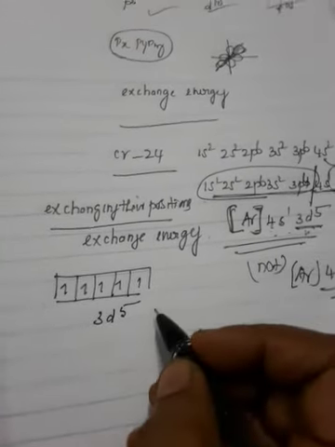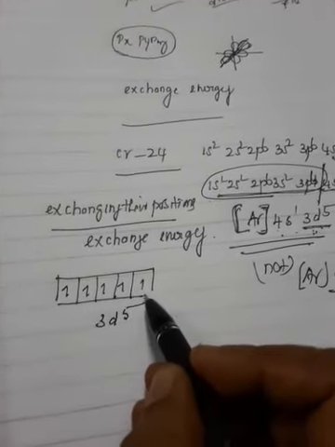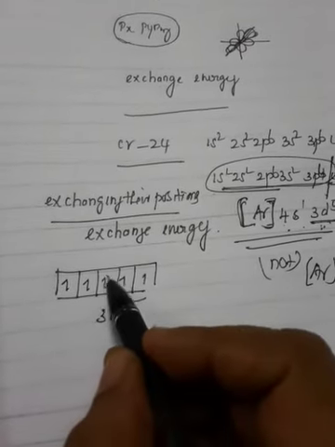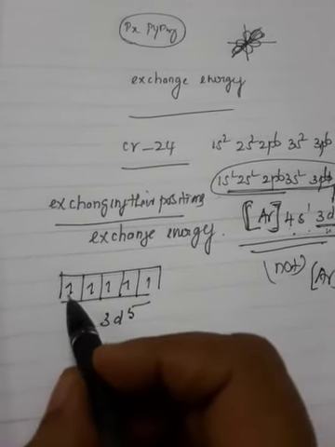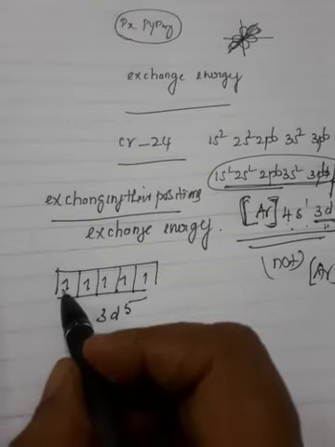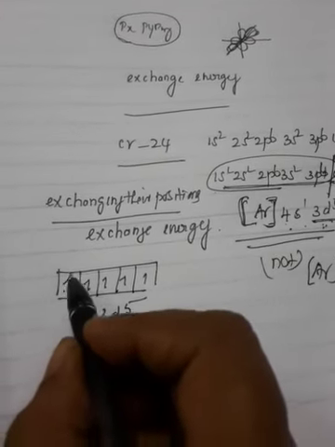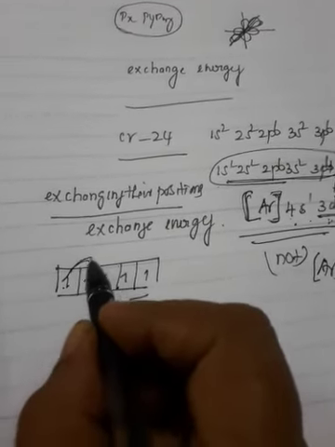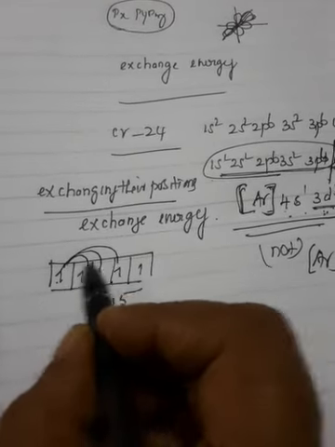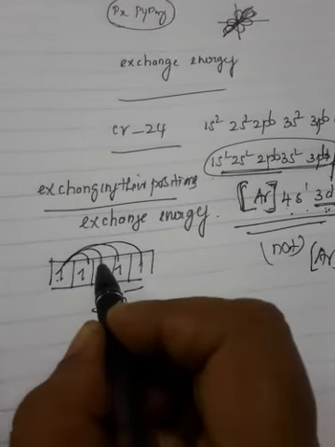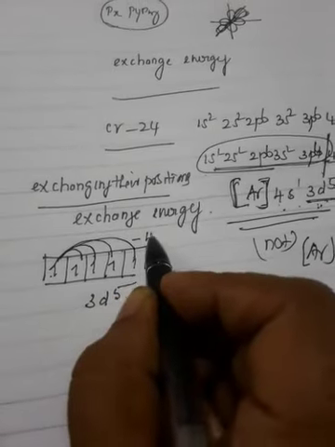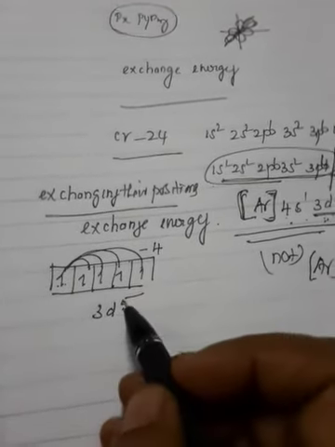Now all are having equal energy, so they can exchange their positions. Suppose an electron present in the first orbital, it can exchange its position to 2, then 3, 4, 5. 1 2 3 4: 4 exchanges are possible for the first electron.